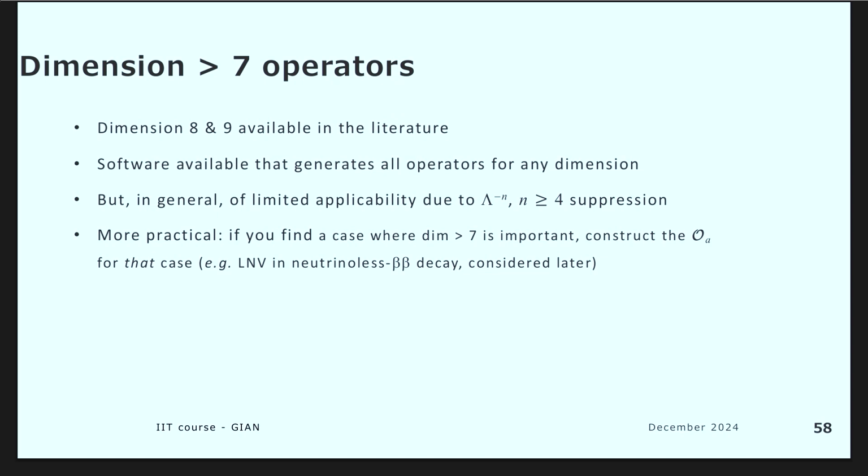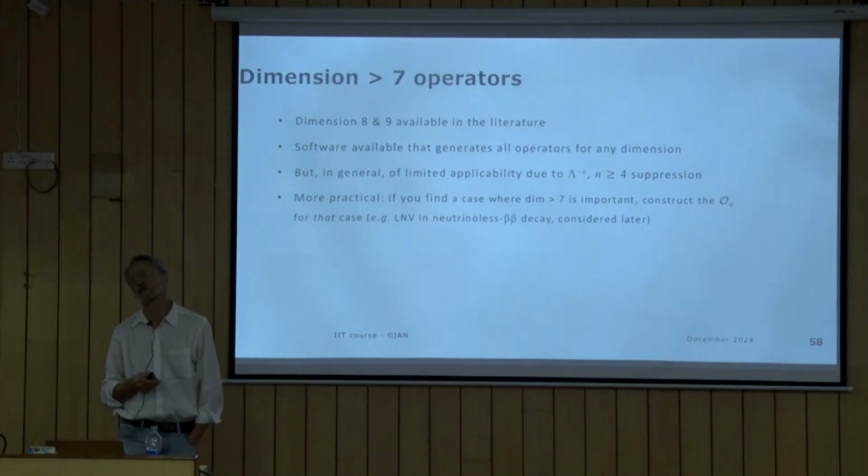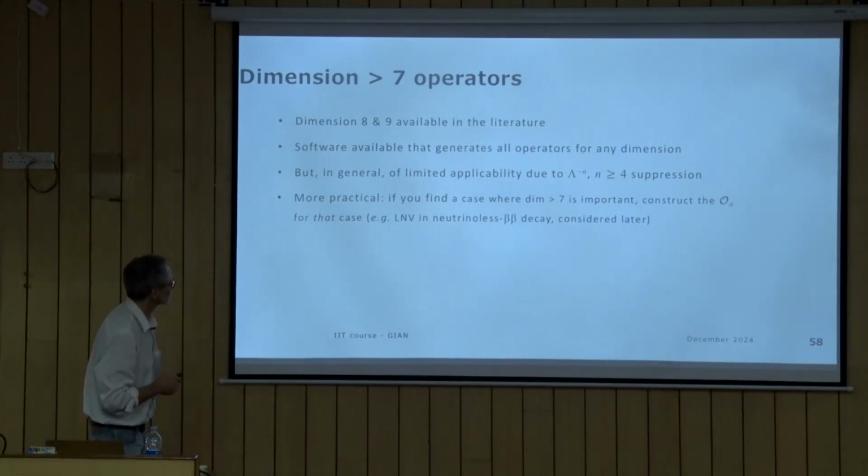Okay, so trying to generate all of them is a demonstration of calculational power and things like that. But in practical applications, you don't do that. You find the operators that are relevant for your process, and then you work with those.